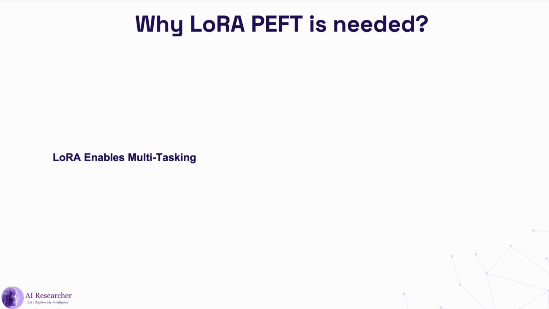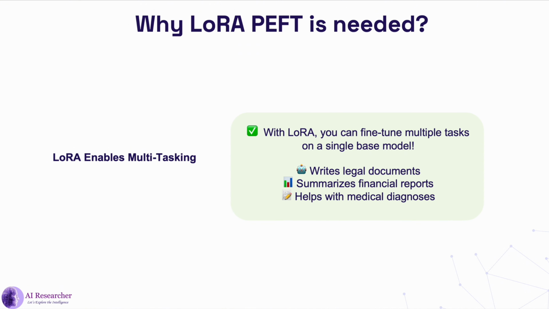Another point is LoRA enables multitasking. If you want to train your AI model on multiple tasks, you have to fine-tune separate models, one for each task. So with LoRA you can fine-tune multiple tasks on a single base model.